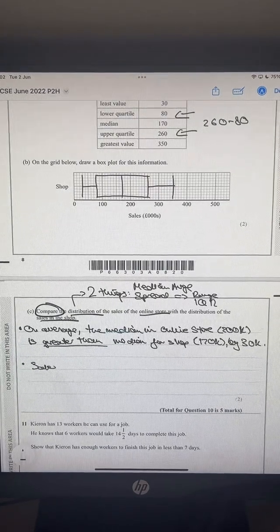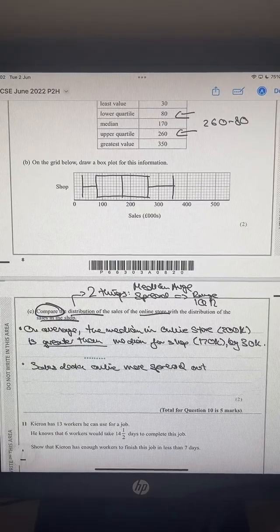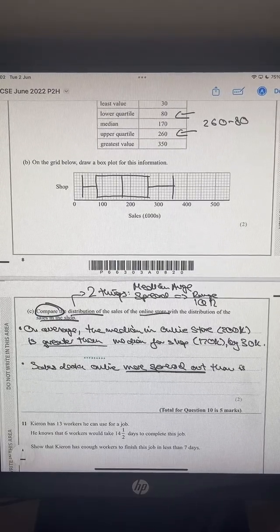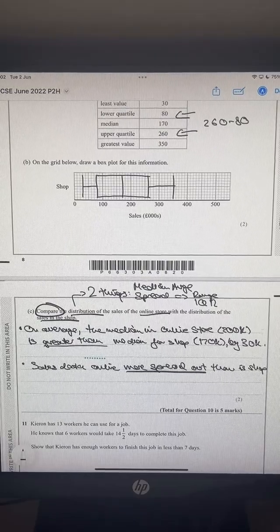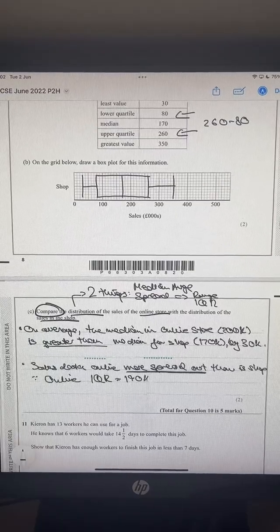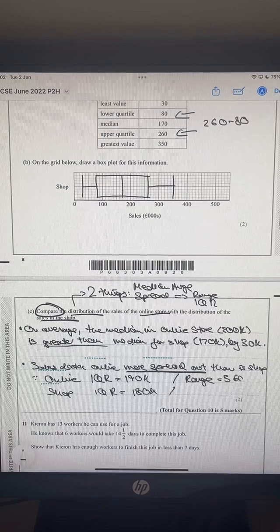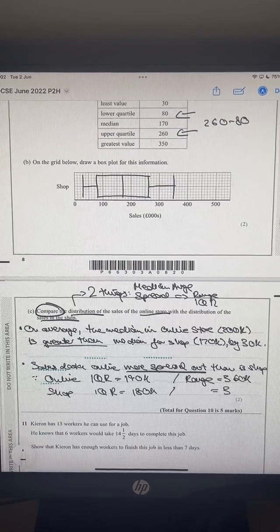So the sales data online is more spread out than in the shop. And then you have to state the values: online, the IQR is equal to 190,000 and the shop, the interquartile range is equal to 180,000. If you did the ranges, it would be 360K online and 320K in the shop. And that's how you do this type of question for a comparison of the box plots.